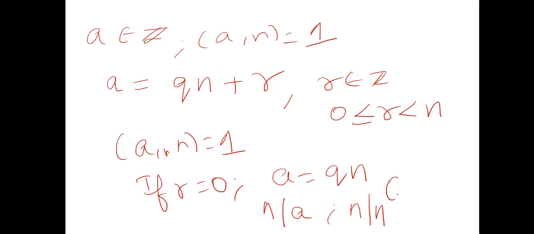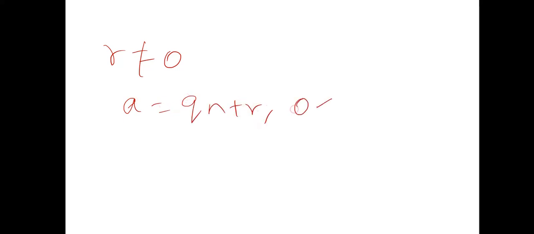Therefore, GCD of A and n is not equal to 1, because n divides A as well as n. This is a contradiction, because we have assumed R is equal to 0 and it contradicts the fact that GCD of A and n is equal to 1. Therefore, R cannot be equal to 0, which means 0 < R < n.